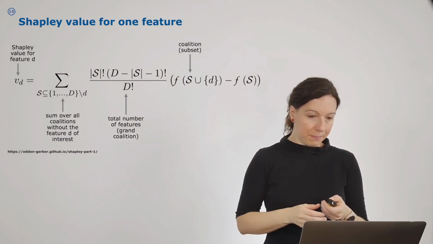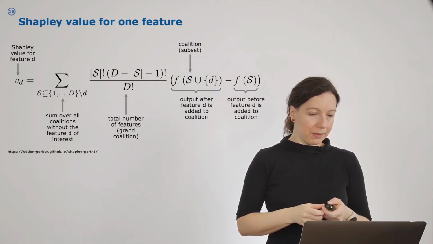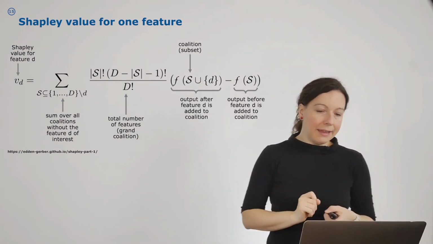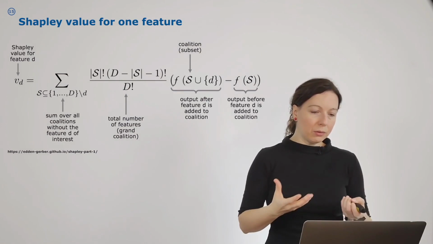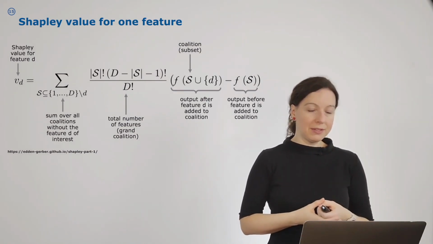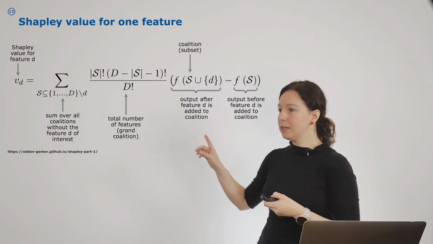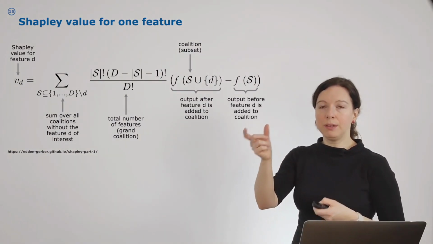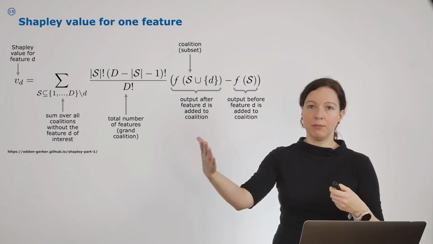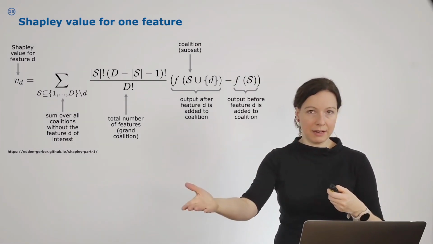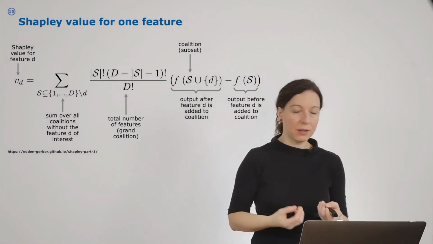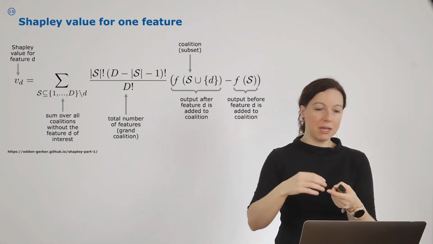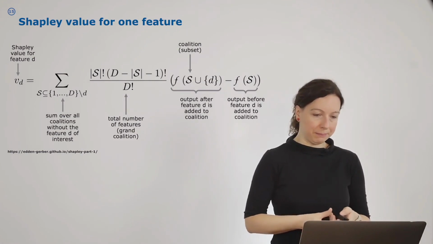And then you have these 2 parts here in brackets. The first part is the output after feature D is added to the coalition, and the second is when you remove it. So this is actually what you want to know. Depending on the coalition, what happens if the player is there or if the player is not there. That means if the feature can help with the estimation or it cannot help with the estimation.